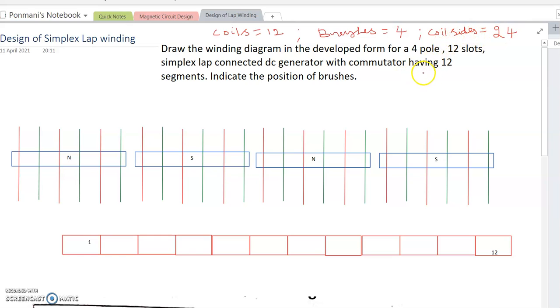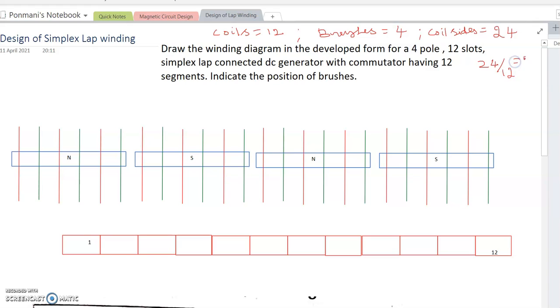Then we have to calculate the number of coil sides per slot. So it is 12 slots here, and 24 coil sides. So coil sides per slot is 24 divided by the number of slots, which is 12.